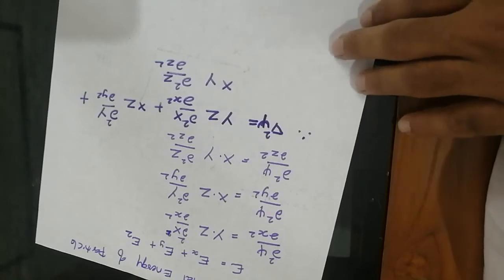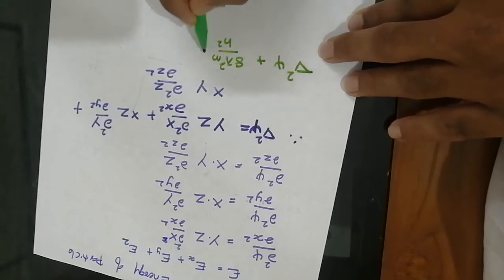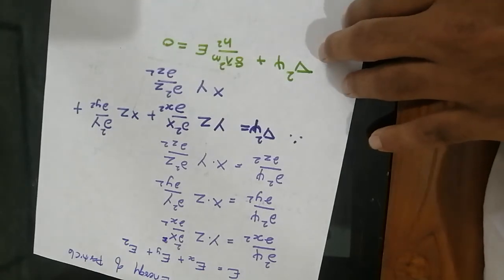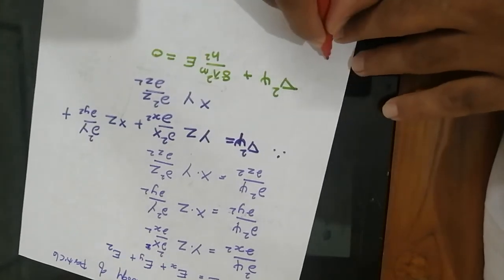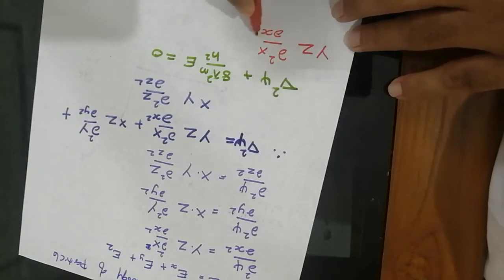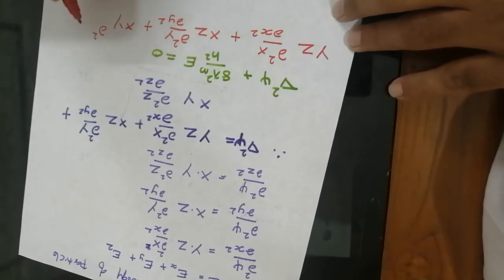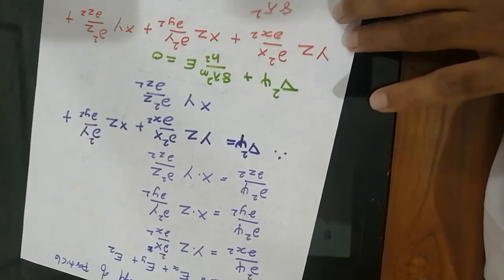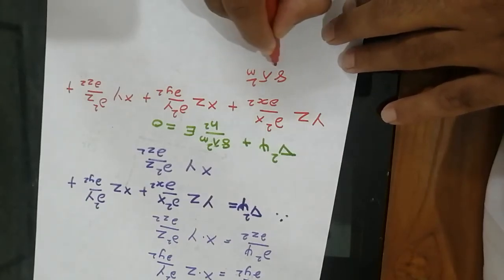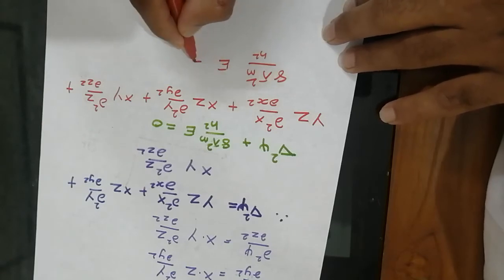Therefore, our three-dimensional Schrödinger equation, del square psi plus 8 pi square m by h square E equal to 0, will be resolved like this: YZ dou square X by dou x square plus XZ dou square Y by dou y square plus XY dou square Z by dou z square plus 8 pi square m by h square E is equal to 0.